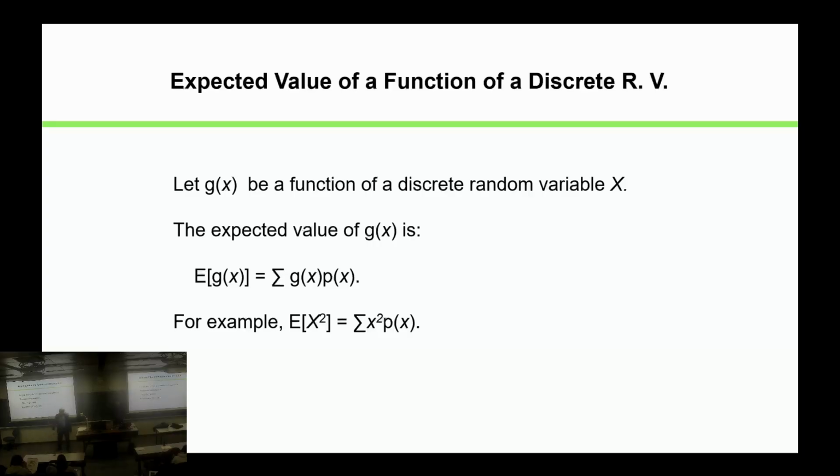If you were to square each of the values of x, what would be the expected value of x squared? Well, it's going to be the summation of x squared times p of x. Okay? I'll give you time to get that down again. You will get these slides posted, but this is a good one to write down for the moment. Help lock it into the brain.